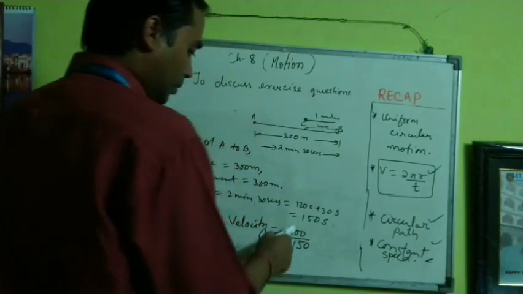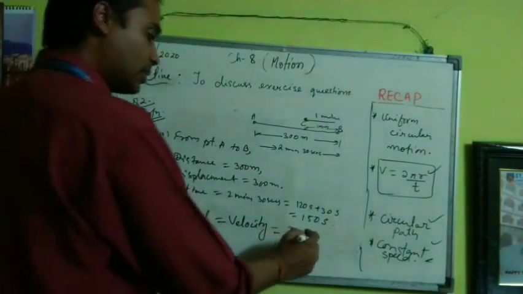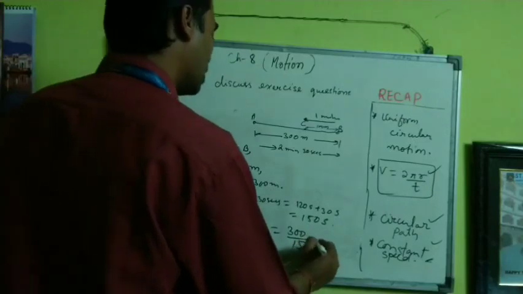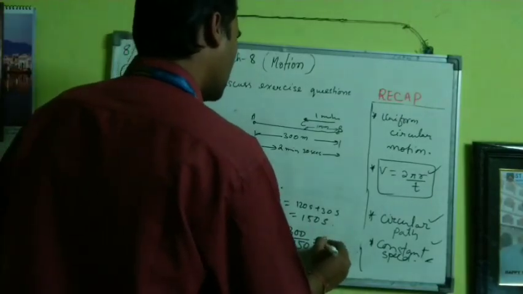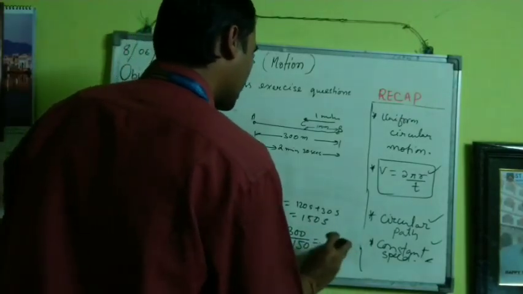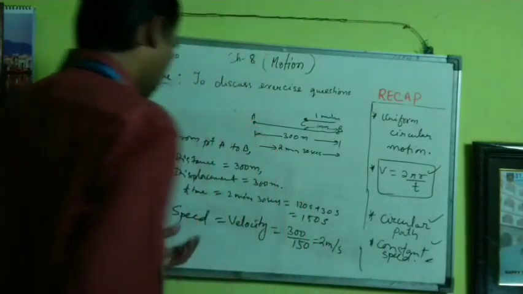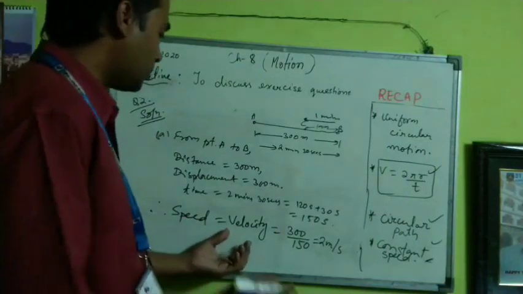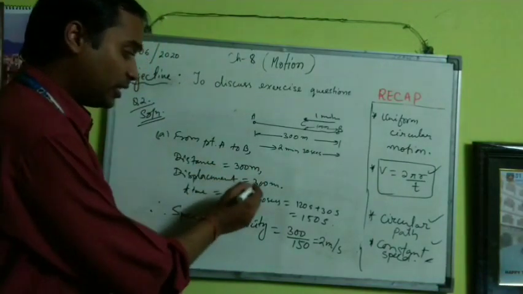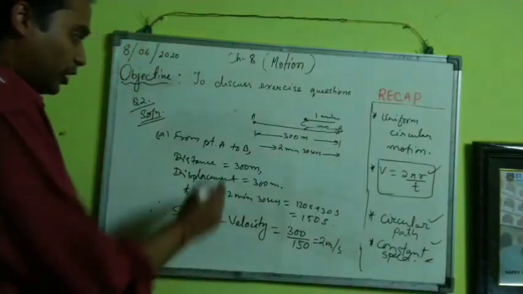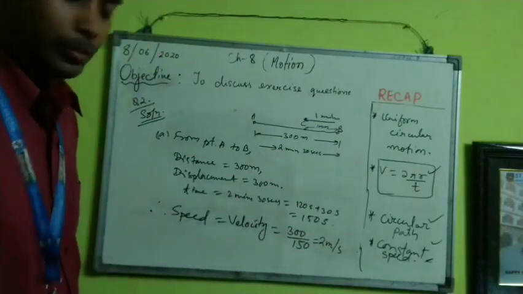Why 300? Because the distance or displacement is 300 and time is 150 seconds. So this will give you 2 meters per second. So for point A to B it is 2 meters per second.